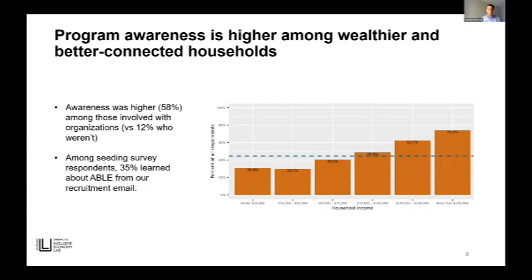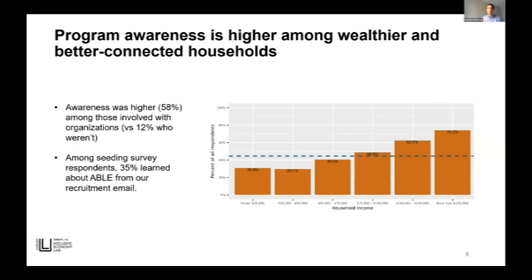And what we did find in this survey is that program awareness is significantly and substantially higher among wealthier and better connected households. The interesting thing is that it's not just income per se, but income might be more of a proxy of a broader set of variables that explain why higher income families are more likely to know about this program. And one of these mechanisms that we unpacked in this survey data is that higher income households tend to be just more connected with several disability services organizations.